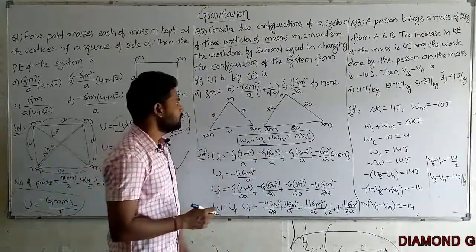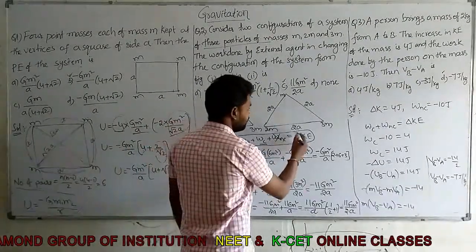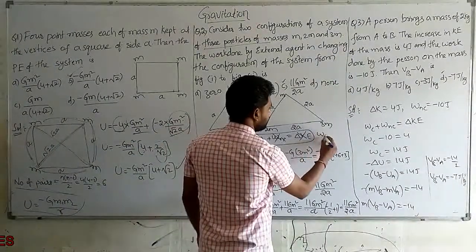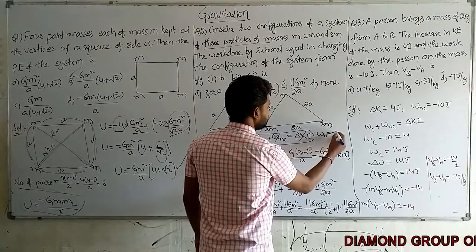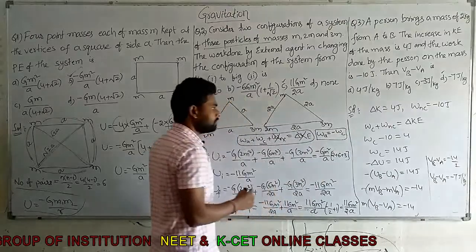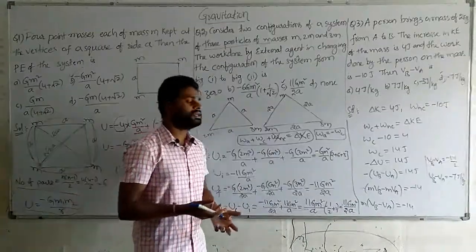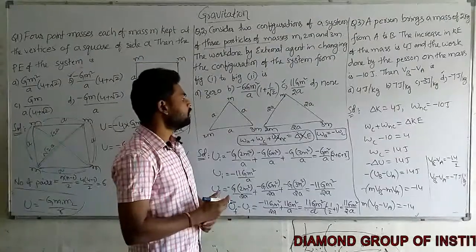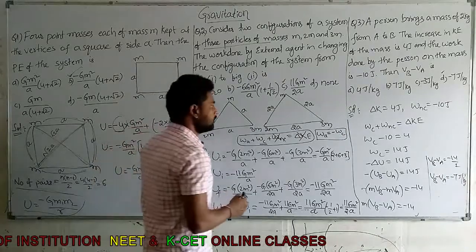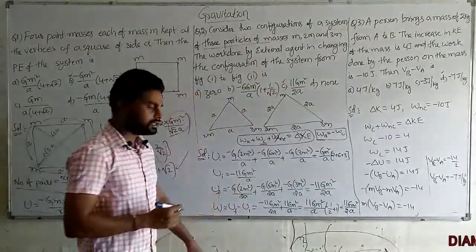Non-conservative, we don't have. And these particles are not in motion, we don't have any kinetic energy. So from this what will we get? Work done by the agent equal to the minus of work done by the conservative forces. That means this work done is in the form of electrostatic or gravitational potential energy, here gravitational potential energy.